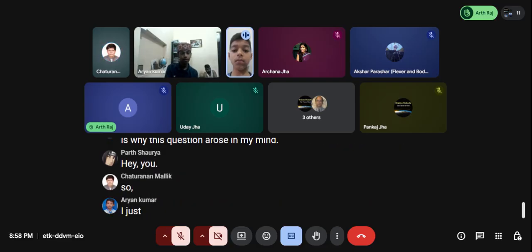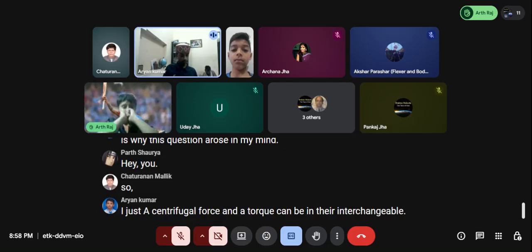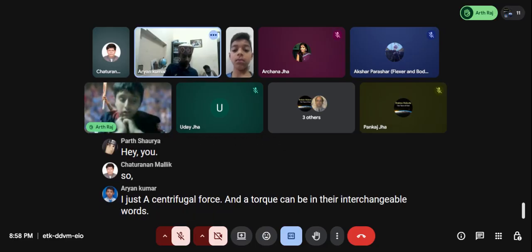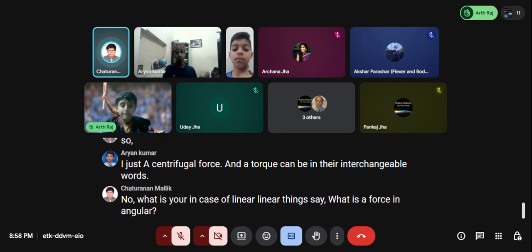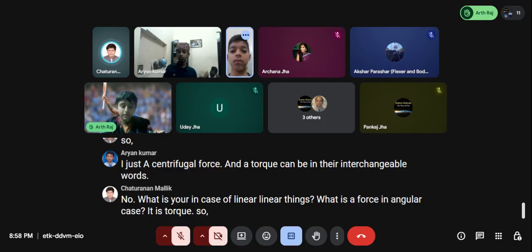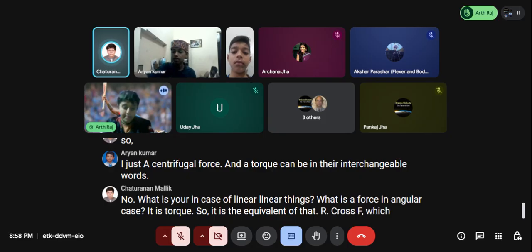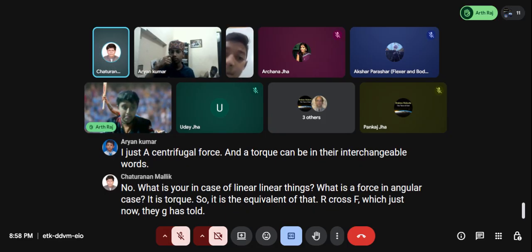As you said, are centrifugal force and torque interchangeable words? No. In case of linear things, what is a force? In the angular case, it is torque. So it is the equivalent of that, R cross F, which just now Udayji has told you.